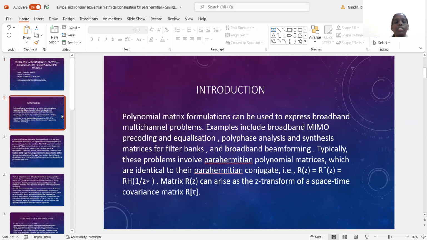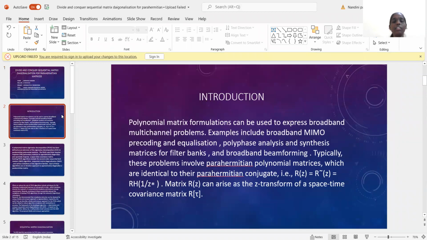Introduction. Polynomial matrix formulation can be used to express broadband multi-channel problems. Examples include broadband MIMO precoding and equalization, polyphase analysis and synthesis matrices for filter banks, and broadband beamforming.